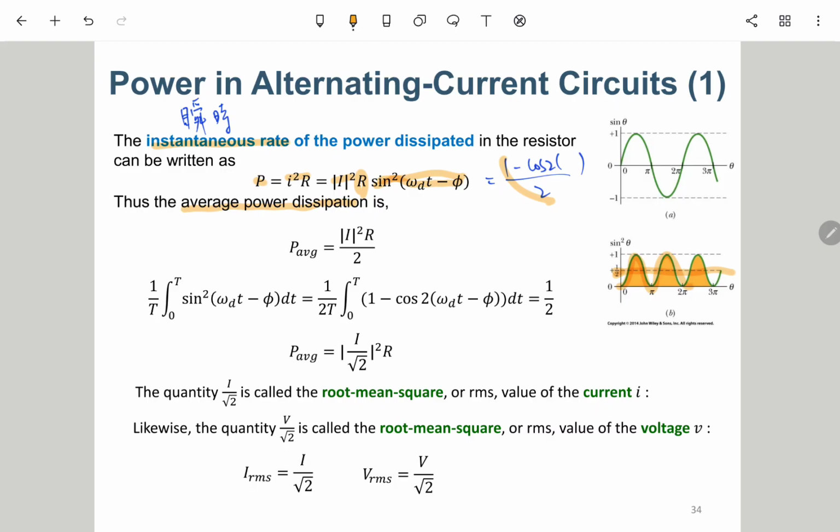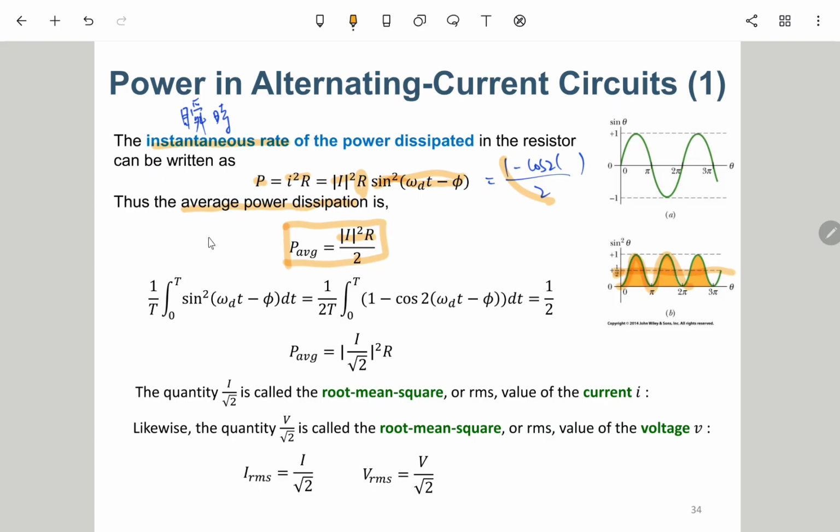The conclusion is that it is half of the amplitude. It is quite straightforward if you just look at it: this half and this half are the same, so the average is just in the middle.